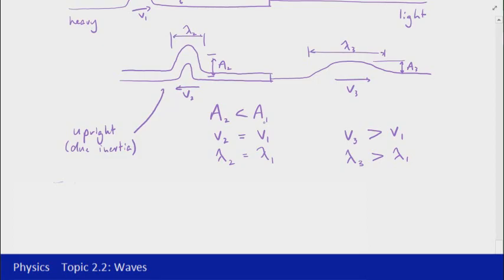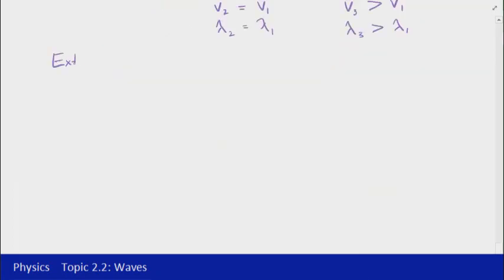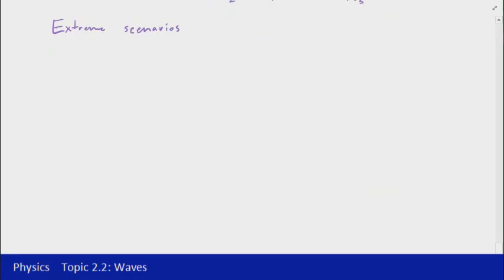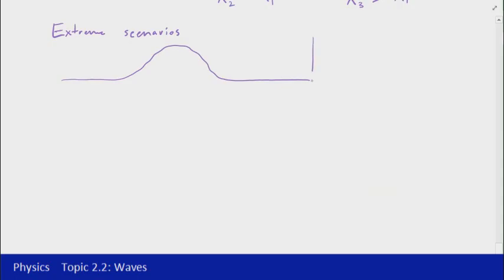Why don't I just quickly look at the extreme scenarios? And what I mean by extreme scenarios is, instead of thinking about just a heavier and lighter rope, we're going to take it to the extent of looking at what happens if we've got a rope that's now going to effectively an infinitely heavy rope, otherwise known as a fixed object.